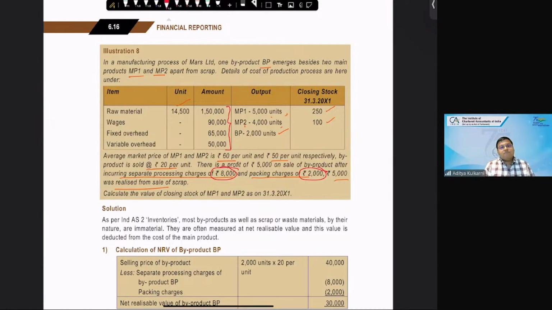Not clearly directly they are saying, but by way of stating their sale price, we can understand whether it can be material or immaterial. My advice is don't go on that basis. It will become judgmental, because for you, probably 5,000 sale of byproduct after incurring processing charges may be material. For Sumit, for example, it may not be material.